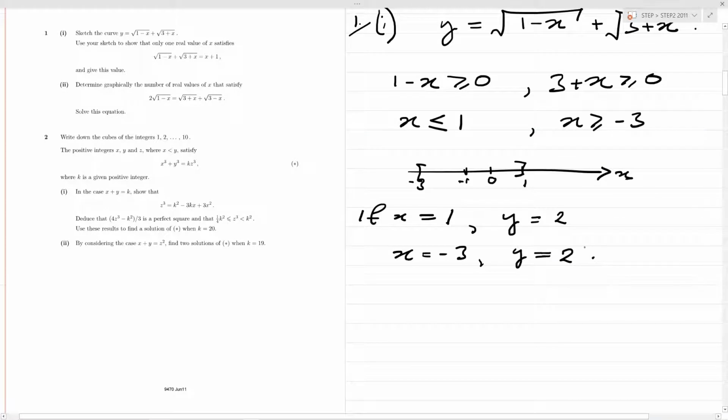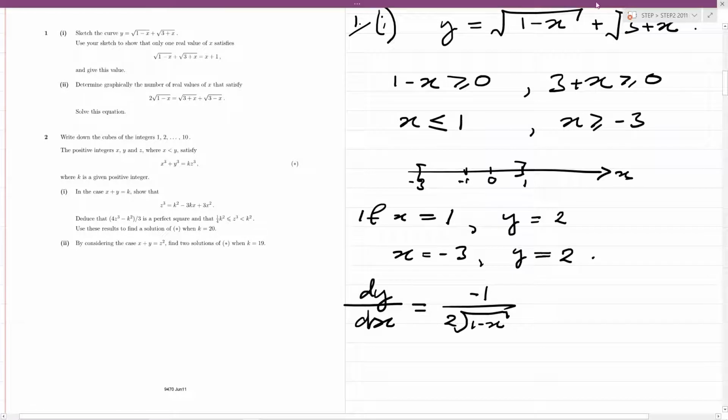So what we're going to do is differentiate it to find out what happens to the gradient over the period between x equals minus 3 and 1. So if we differentiate this, you'll see the minus 1, so we use the chain rule. We're going to get the minus 1 at the top, we're going to have 2, and then we're going to have 1 minus x, because this whole thing, the square root, will be 1 minus x to the power half.